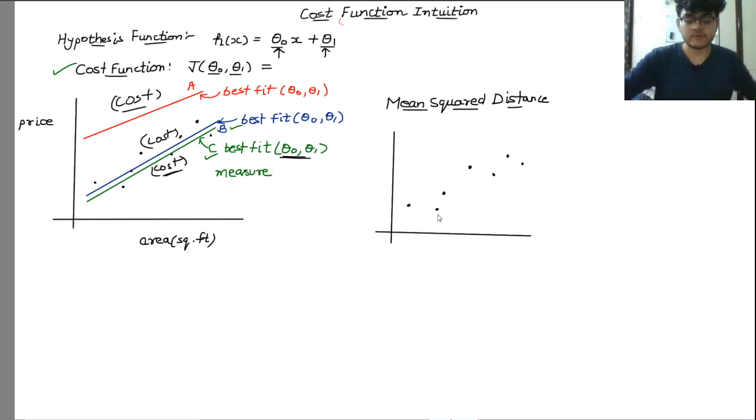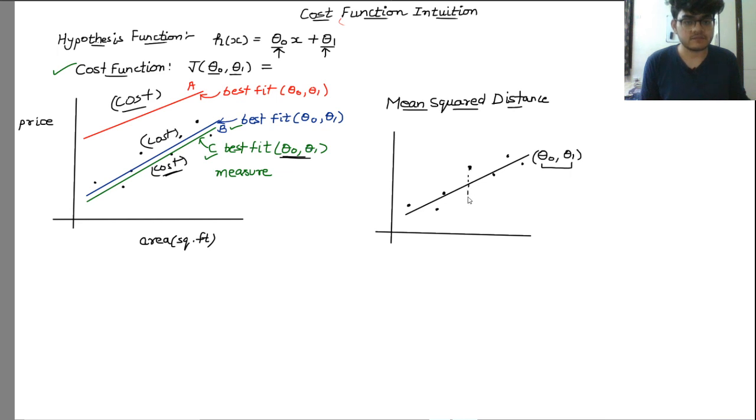And now let's suppose we have a line, this, and obviously I have chosen some pair of theta 0 comma theta 1 to plot this line. Now the mean square distance says that in order to find the cost when considering a pair, you will first have to find the distance from this point.